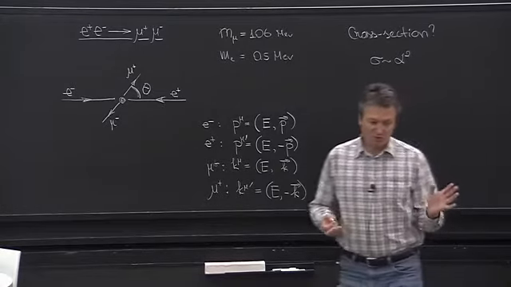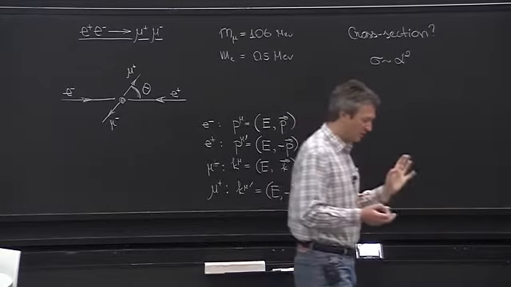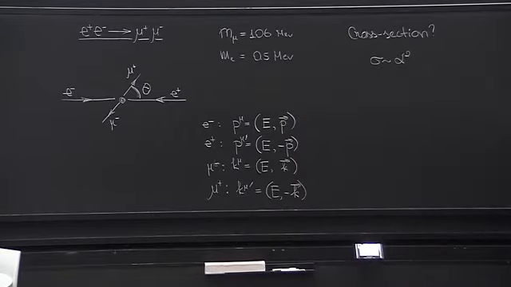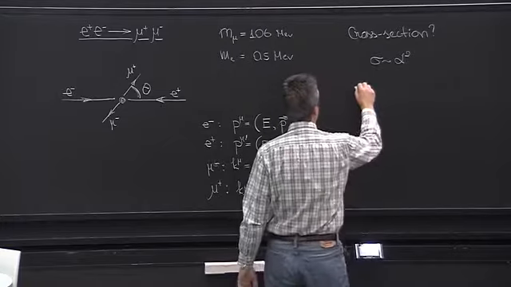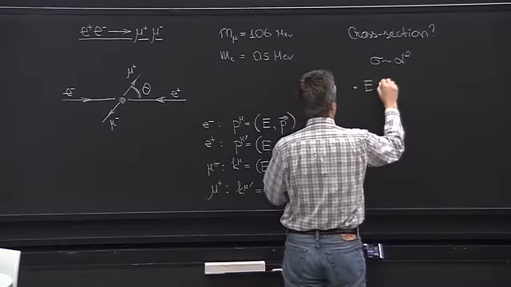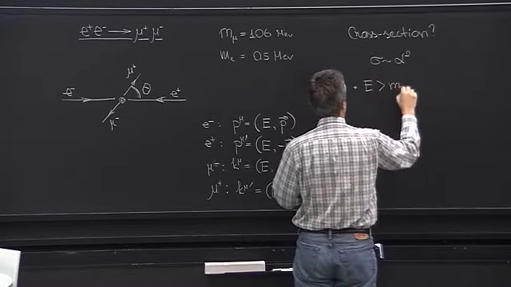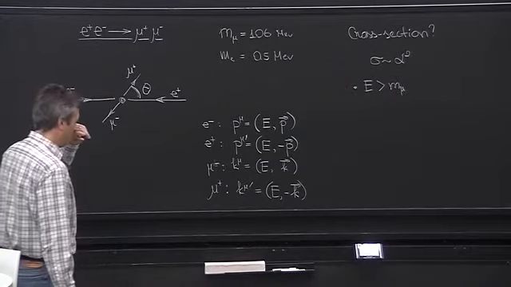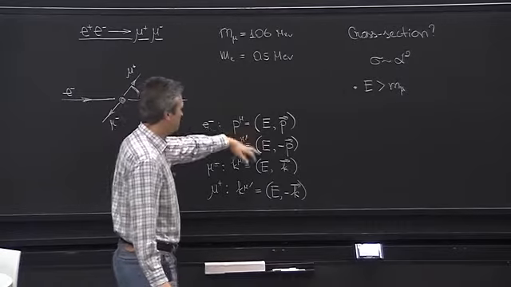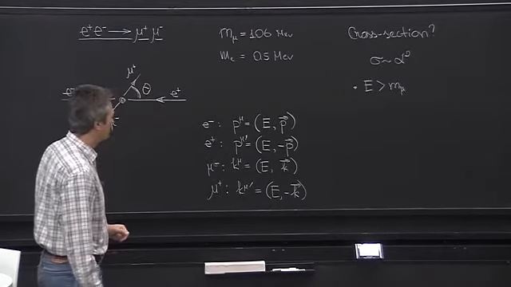So the reaction will only go starting from some threshold energy. And so the energy, therefore, must be bigger than the rest mass of the muon. So the rest mass energy is twice the energy of each of the particles.